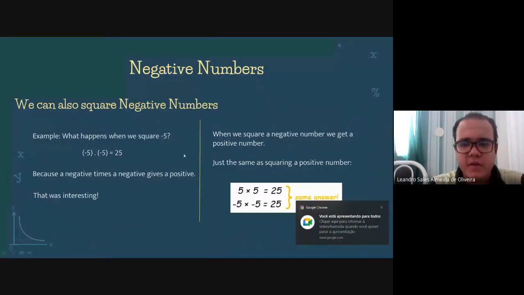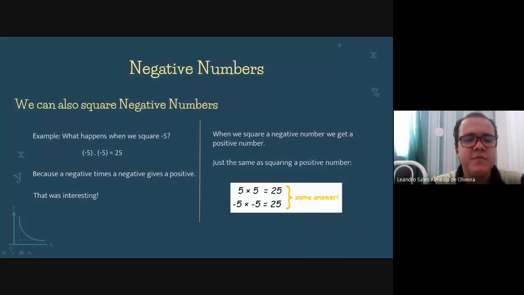Okay. Negative numbers, they can also be squared. All right. Example: when we square -5, what happens? -5 times -5 equals 25.